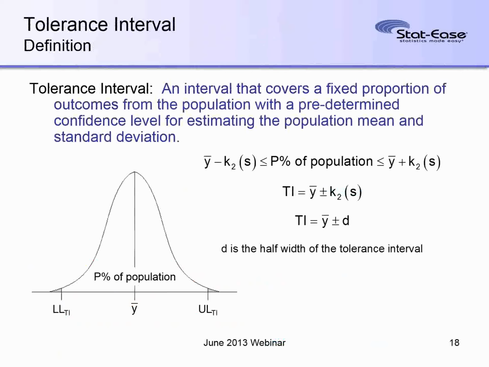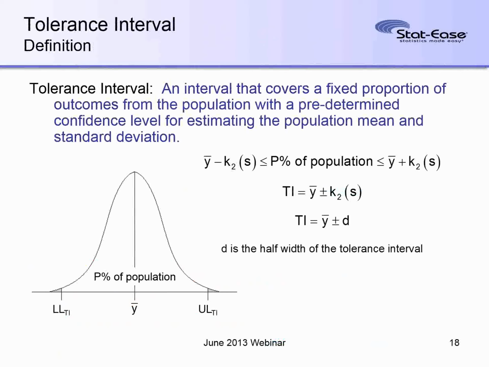The tolerance interval is wider than the confidence interval because it has more uncertainty to deal with. There are some standard tolerance interval tables. In this case, it's called the K2 critical value. It's taken from a table that's available on the NIST Sematech website.